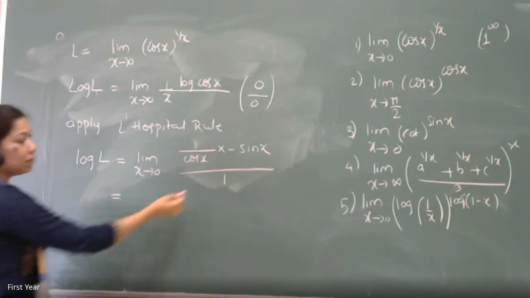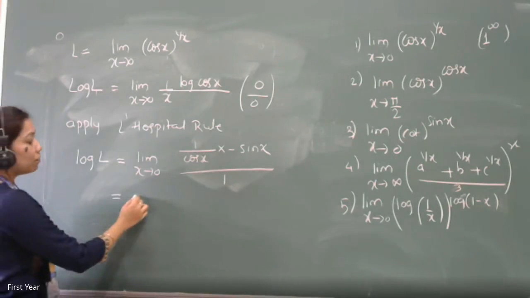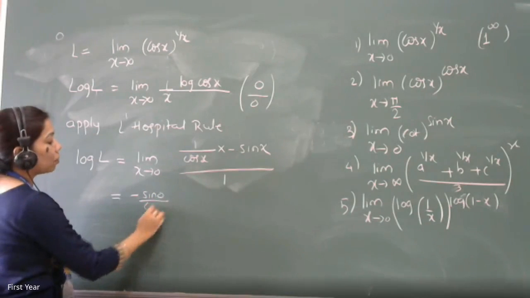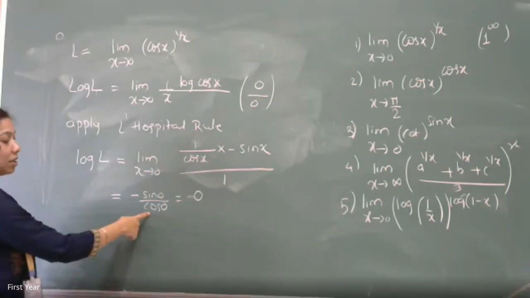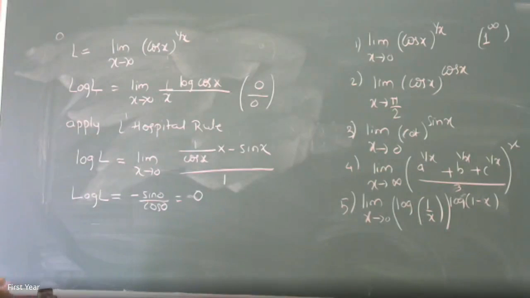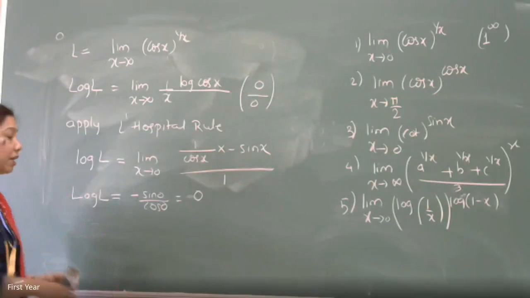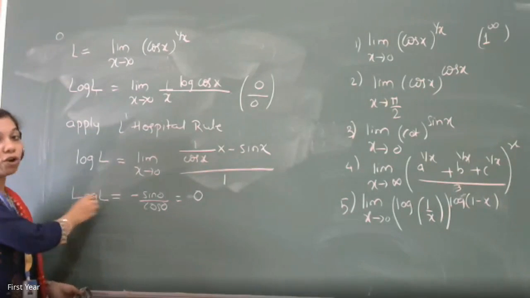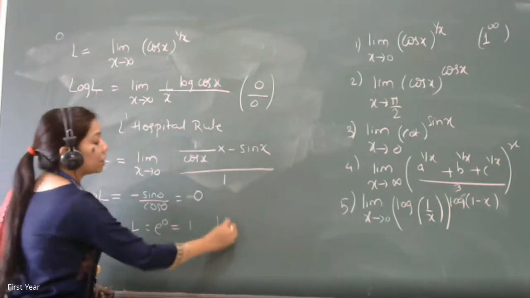Therefore the denominator has become finite, so here only you will get the final answer: minus sin of 0, which is 0, upon cos of 0. So log L is 0. Again, a mistake many students make in the MCQ exam is that if 0 is there in the options, they tick it. But 0 is not the final answer because I want to find the limit L, not log L. So L will be e raised to 0 and that is 1. Therefore your answer is 1.